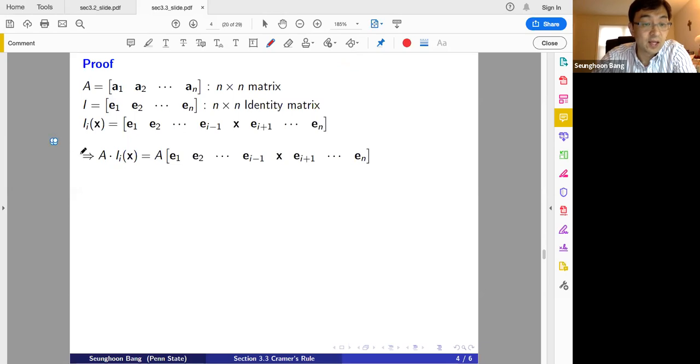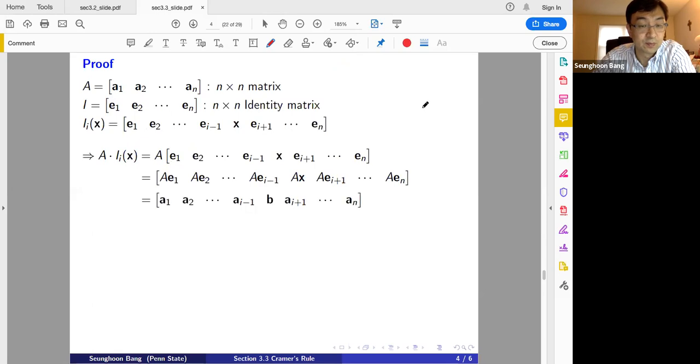Next, distribute A. So AE1 is exactly A1, AE2 is A2, keep going. AE(i minus 1) is A(i minus 1), Ax is B because of our system.